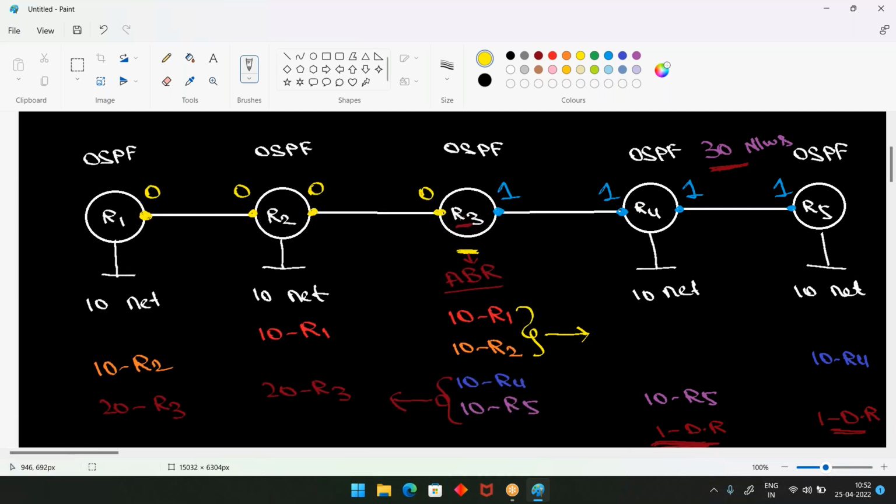Of course, this device will become an ABR router. Why, sir? You can check this now here. This interface belongs to the backbone area and this interface belongs to the non-backbone area. What is the definition?